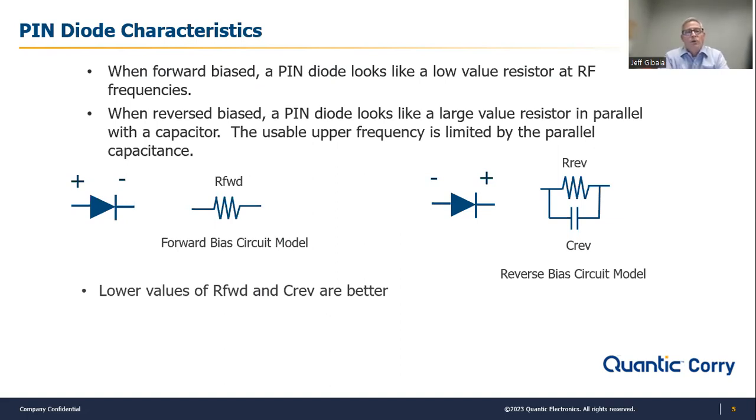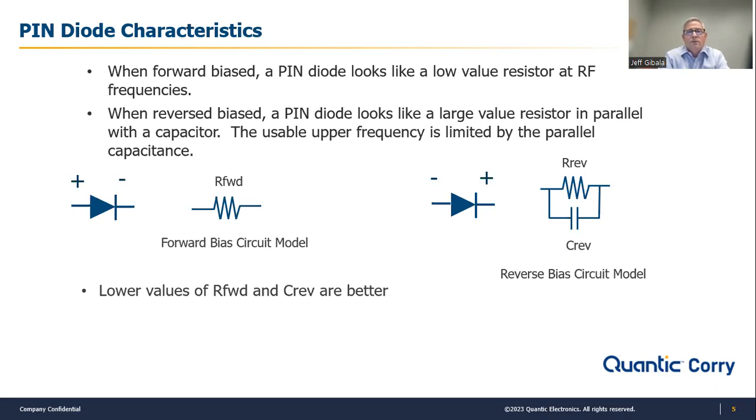So when a PIN diode is forward biased, it looks like a resistor at RF frequencies, and this would be a low value. It could be an ohm, a couple of ohms, or sub an ohm, depending on the specific device. And when reverse biased, the diode looks like a very high value resistor in parallel with a capacitance.